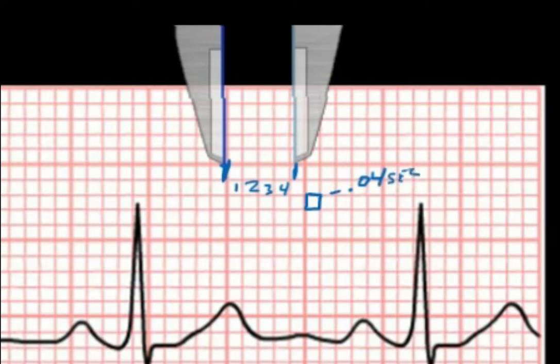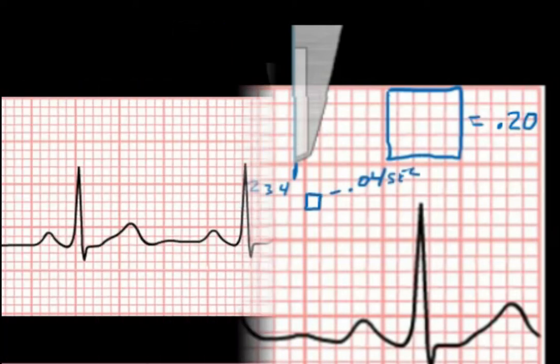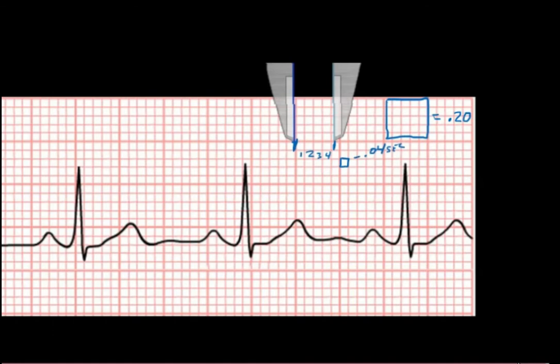A large block, one large block, which is 5 by 5, is equal to 0.20 seconds of time. So this has 4 blocks. So my basic math is 4 times 4 equals 16.